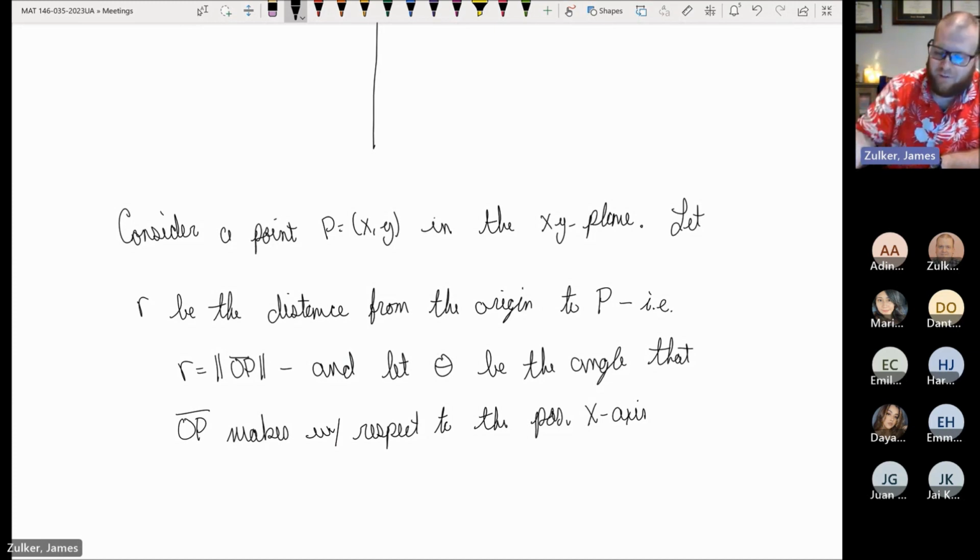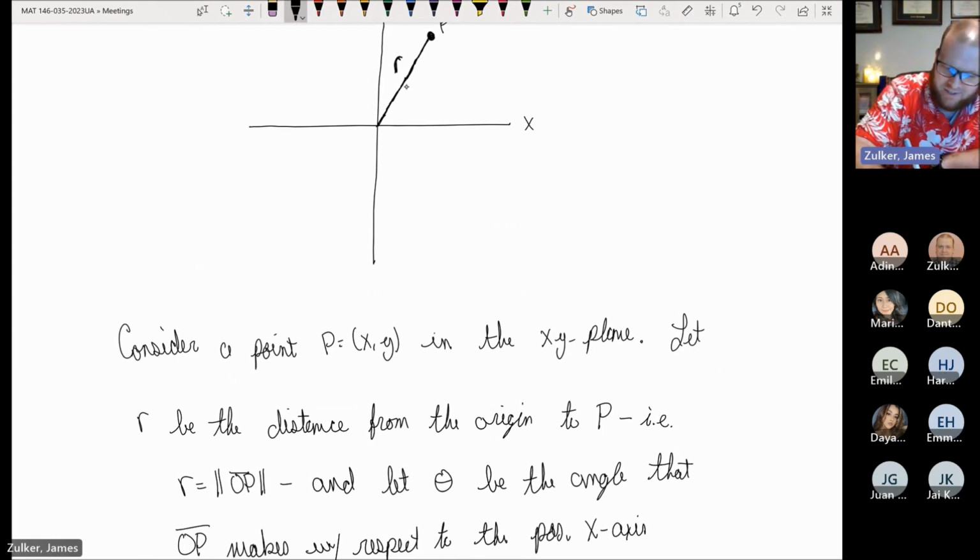And let theta be the angle that the line segment makes with respect to the positive x-axis.